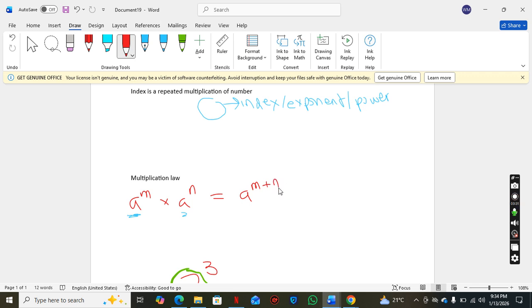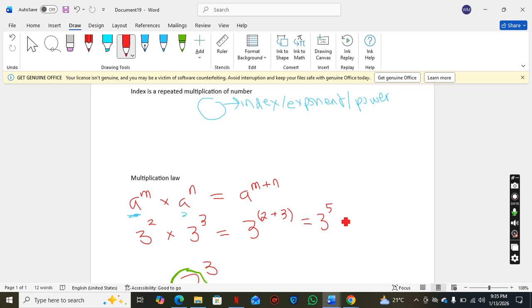Let me give an example to illustrate this multiplication law. Let's say you have 3 to the power 2 multiplied by 3 to the power 3. We can see we have the same base, which is 3 here. Same bases, so you can add the indices. It's the same as 3 to the power 2 plus 3, which equals 3 to the power 5.